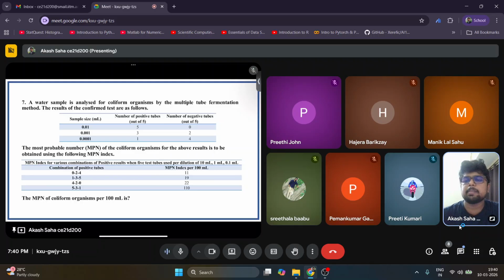And the most probable number of the coliform organisms for the above results is to be obtained from the following MPN index. So MPN index table is also given, where we can see that for the combination of different positive tubes, the MPN index per 100 ml is mentioned. So what is the MPN of coliform organisms per 100 ml for this particular problem?